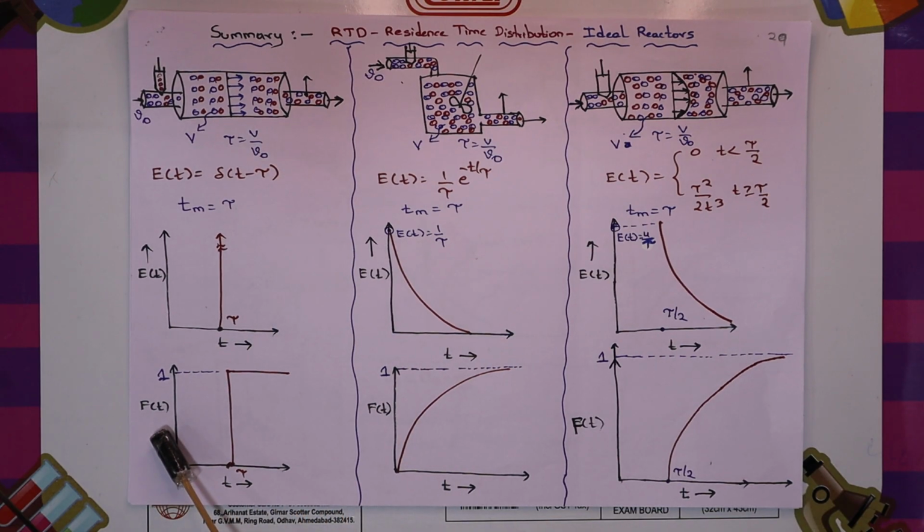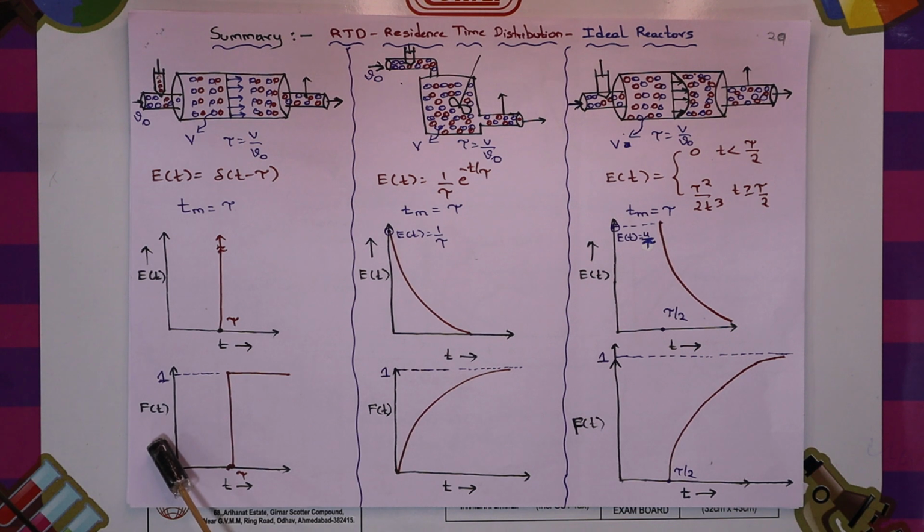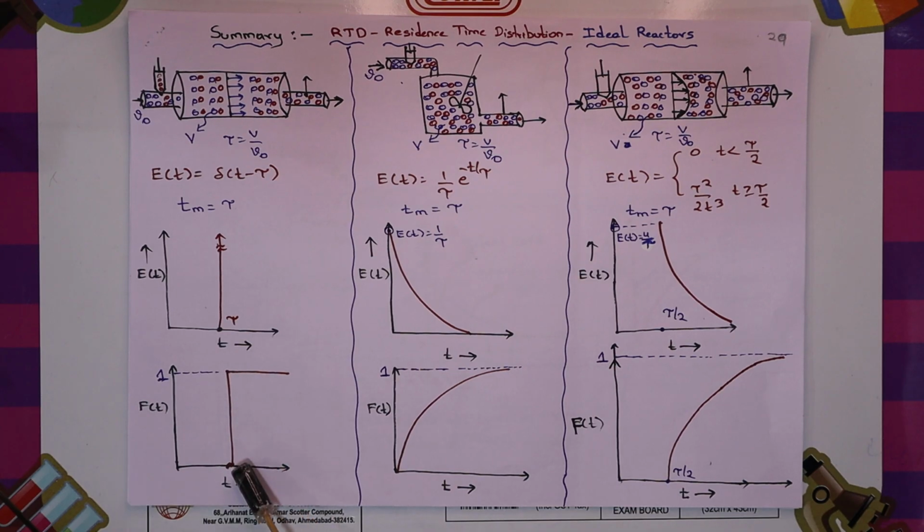This is F of t, the cumulative distribution curve. At time t equal to tau, all the molecules will have come, because the fraction of molecules at tau is equal to 1. This is how the CSTR looks. The residence time distribution curve for the CSTR is an exponentially decreasing function, represented by the equation E of t equal to 1 by tau e power minus t by tau.